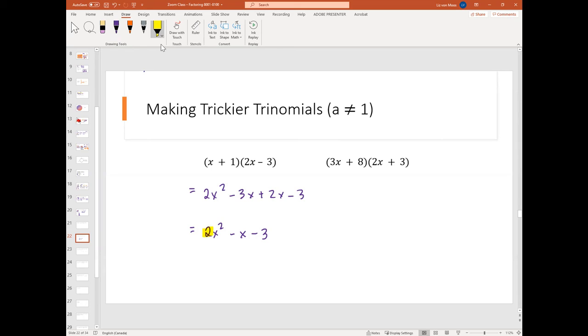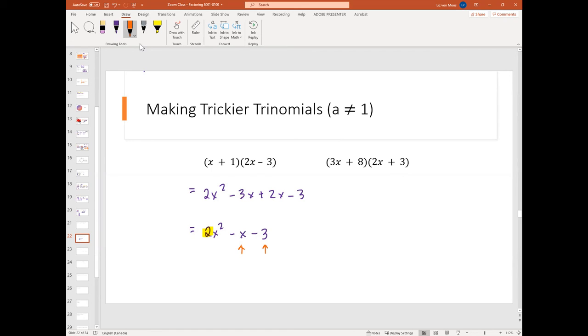Because the leading coefficient is no longer 1, it will never be true that we're looking for 2 numbers whose product is -3 and whose sum is -1. There are no 2 numbers that multiply to give -3, but add to give -1.